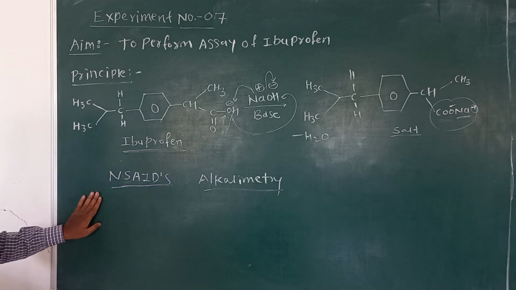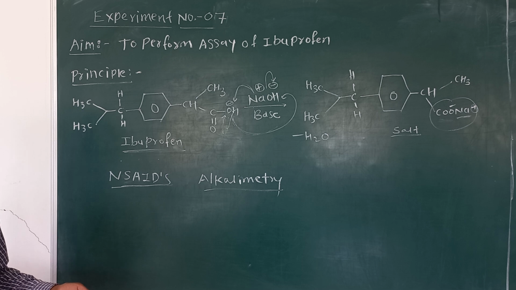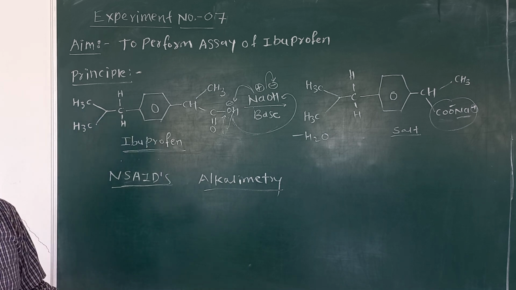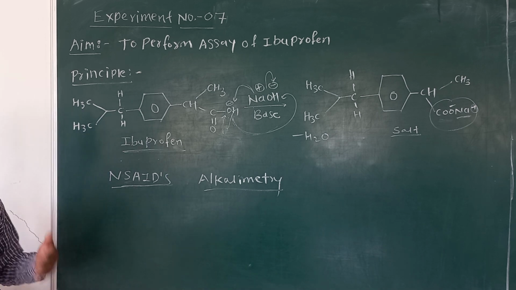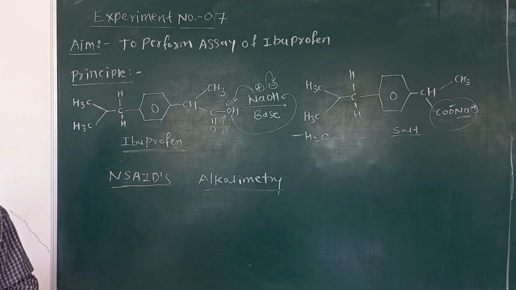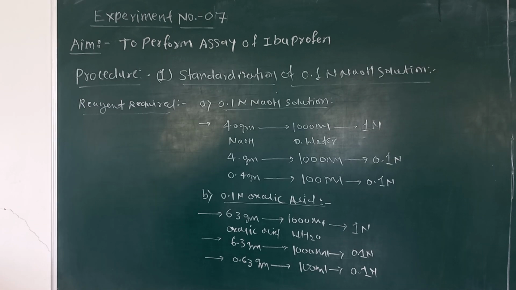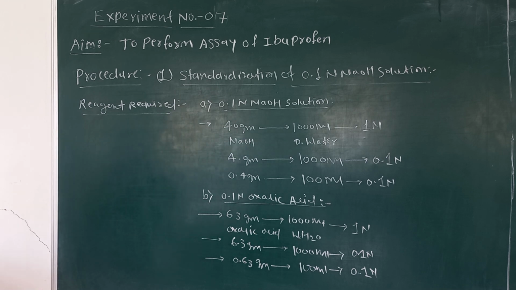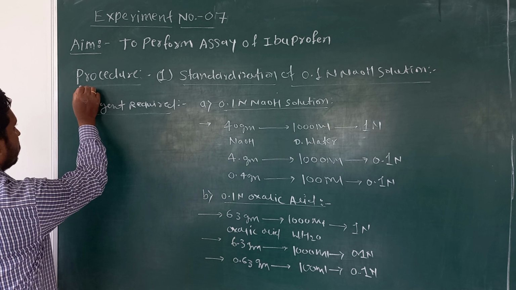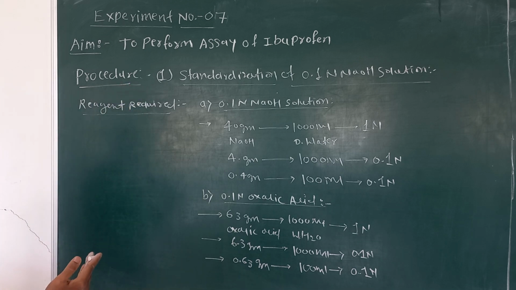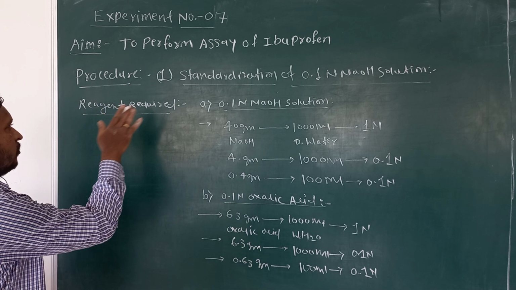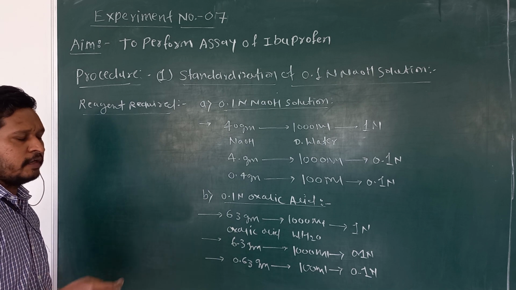Now after the principle, let us see the next part, that is the procedure of the assay of ibuprofen. The procedure for the assay of ibuprofen is divided into two main parts.